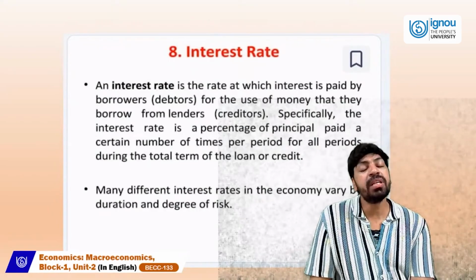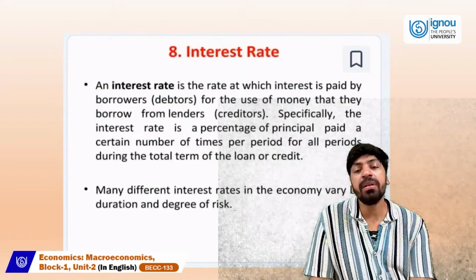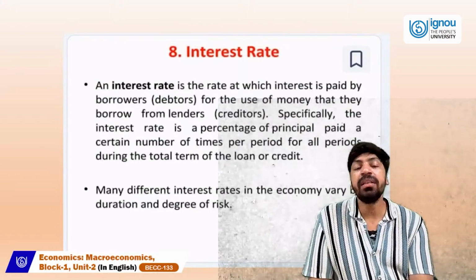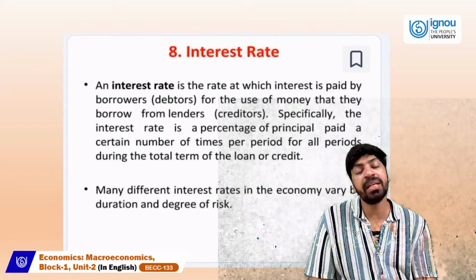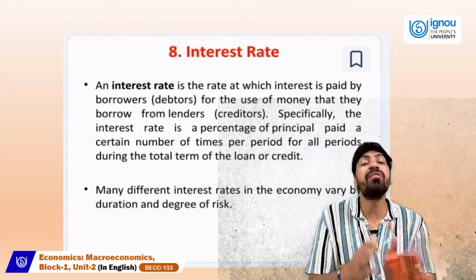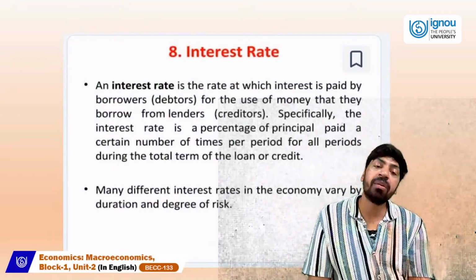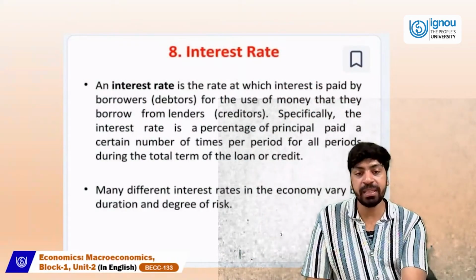Interest rates differ from country to country and bank to bank, and depend upon the duration and the risk involved in that particular loan amount. So this is an overview of interest rate.